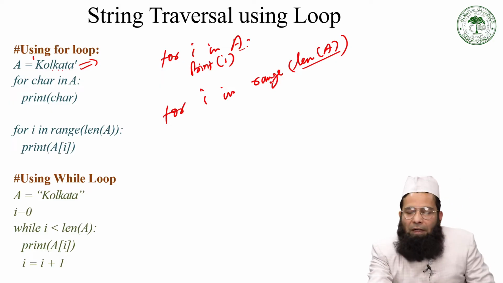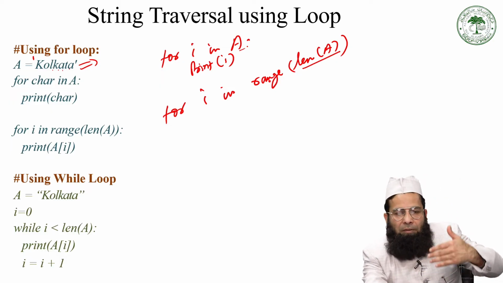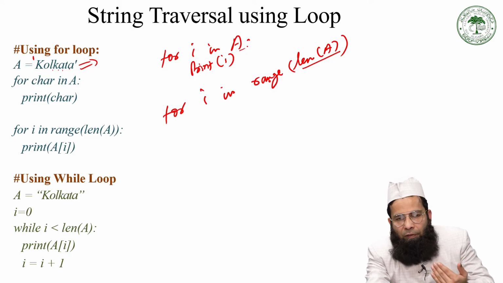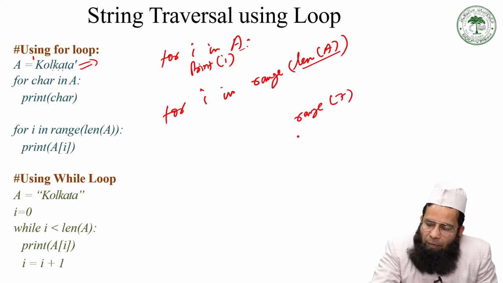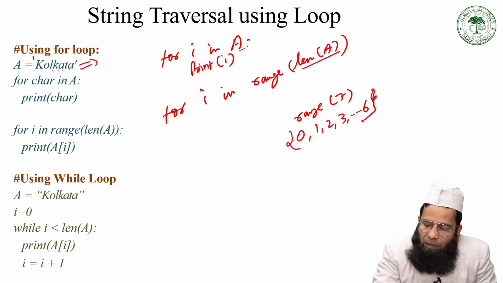And we have already discussed different versions of range. If I am using range 7, what will it give me? Range 7 will give me a list from 0, 1, 2, 3 and so on till 6, right? So it will give me a whole list.